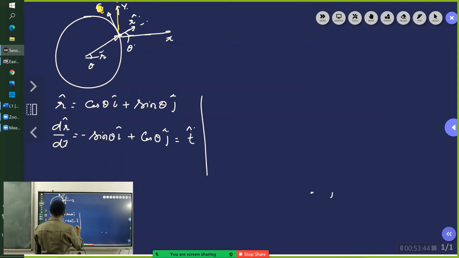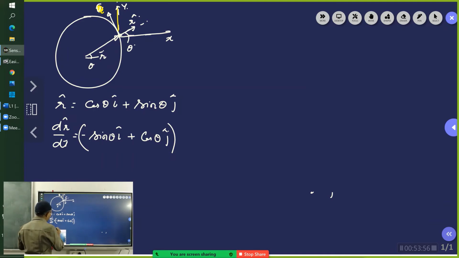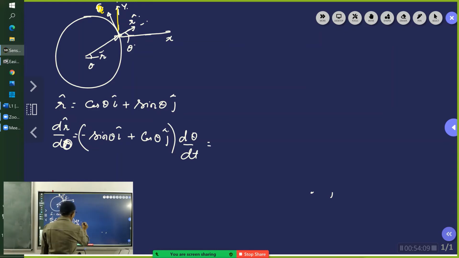Now, sorry, I missed out something here. It should be differentiated with respect to theta. Then I will get d theta by dt. So this one I will write as t cap into omega, that is d theta by dt.